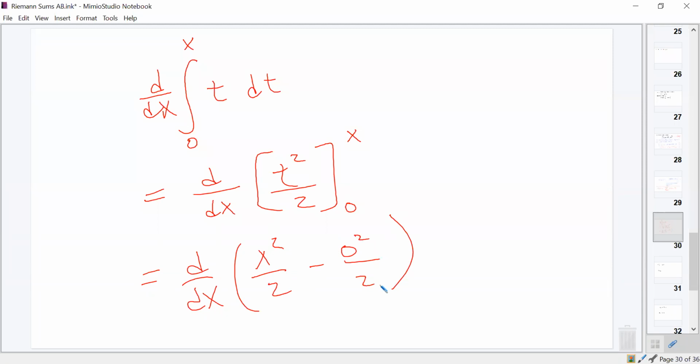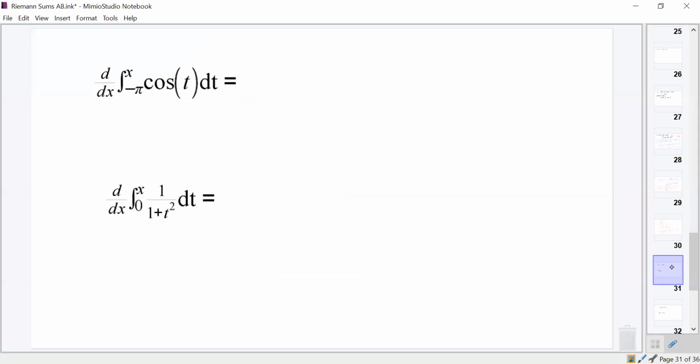The 0 squared over 2 goes away, and this just becomes the derivative with respect to x of x squared over 2, which is just x. We just take this x and plug it in for the t. That's effectively what we've done. We see basically how this works? Yeah. Okay. Let's try to do it with slightly more complicated functions that have maybe less pleasant constants.